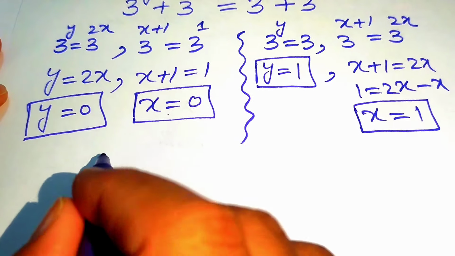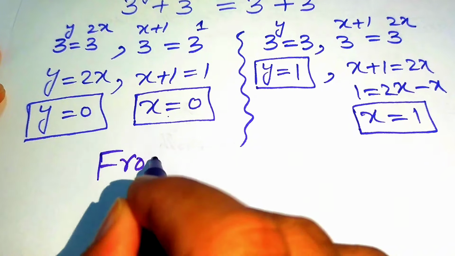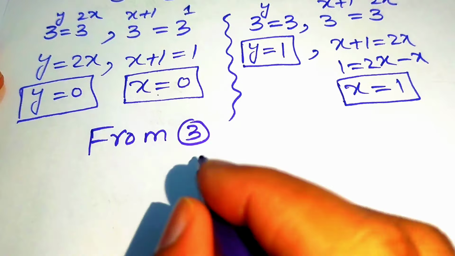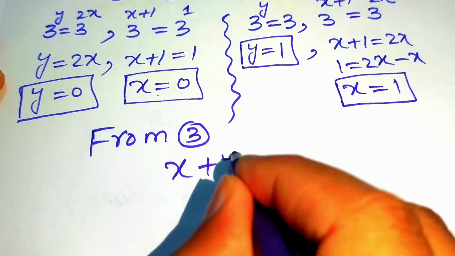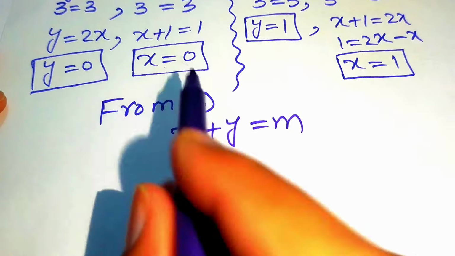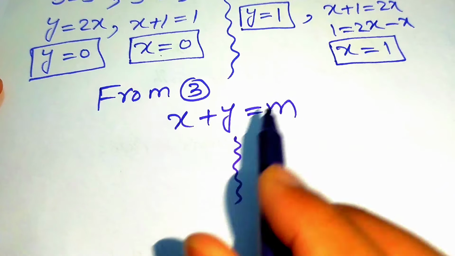So here we copy down equation number 3. Equation number 3 is written as x plus y equals m. We use both of these cases, and we easily get the values of m.